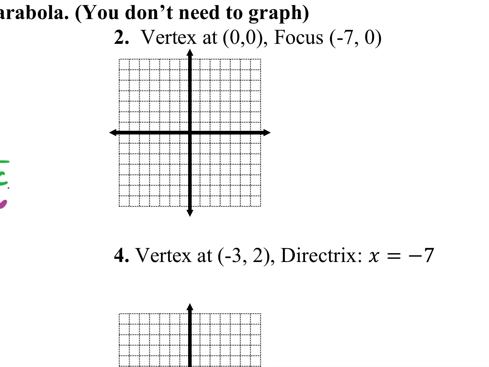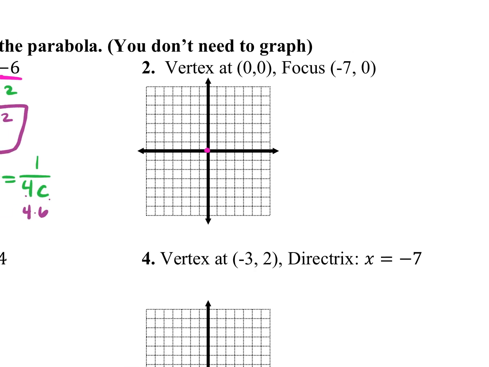Okay, number 2. So a vertex at 0, 0, and a focus of -7, 0. 1, 2, 3, 4, 5, 6, 7. Which way does this open? To the left. Okay, so it looks like this. With a vertex of 0, 0, it's a basic equation, not the big fancy equation. Is this x equals or y equals? This is X equals.